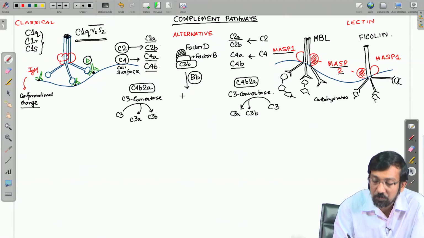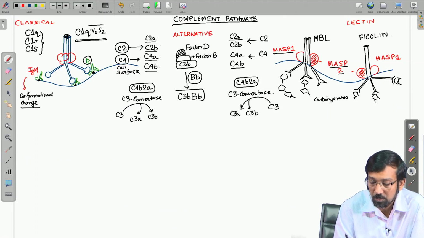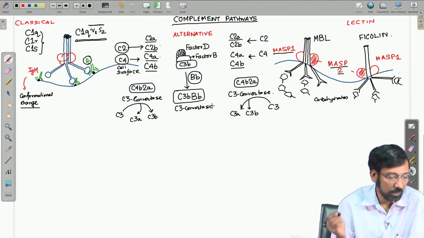So, now this forms another C3 convertase which is known as C3bBb. So, now this is another C3 convertase. Okay.